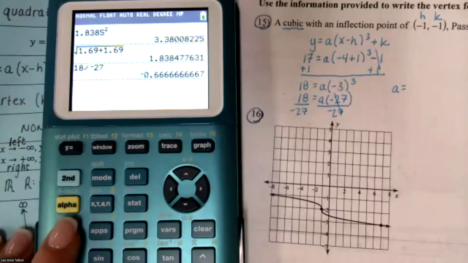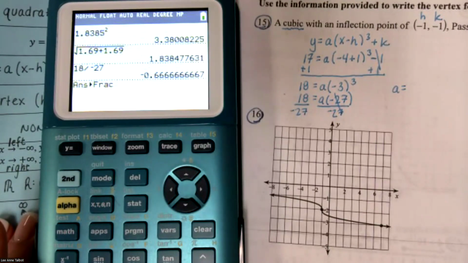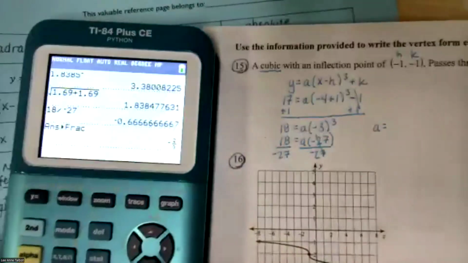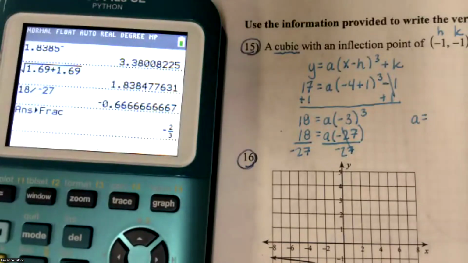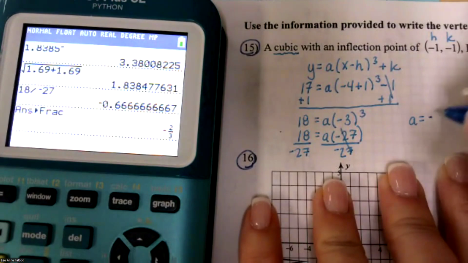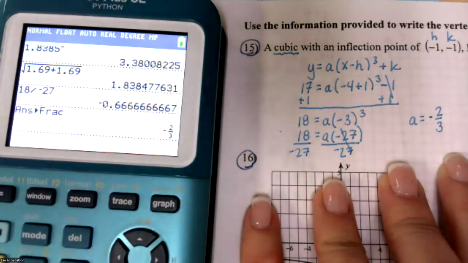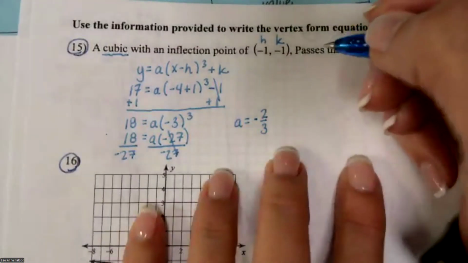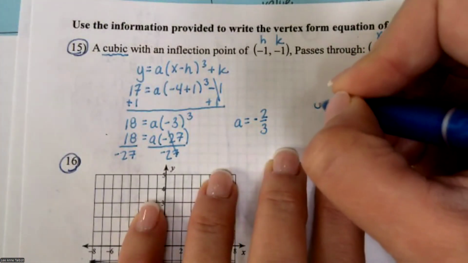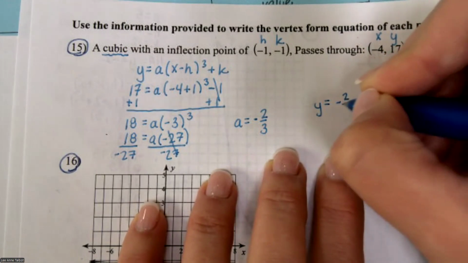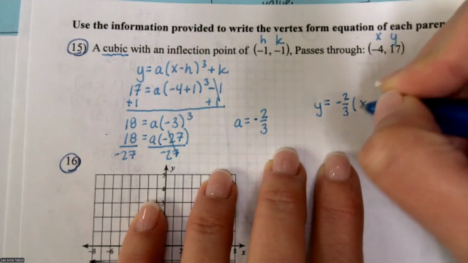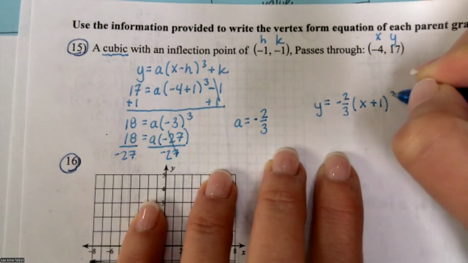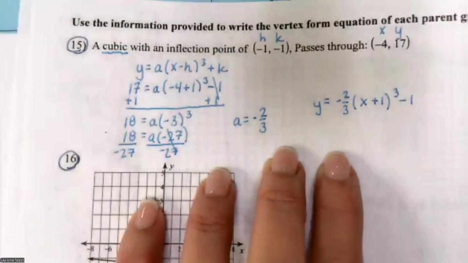Anybody remember? Math, enter, enter. Beautiful reduced fraction. Okay, final answer, y equals -2/3 times (x plus 1) cubed minus 1.